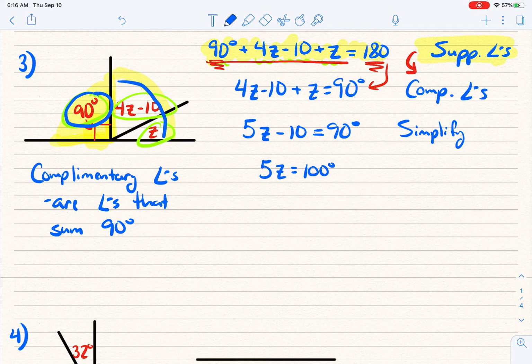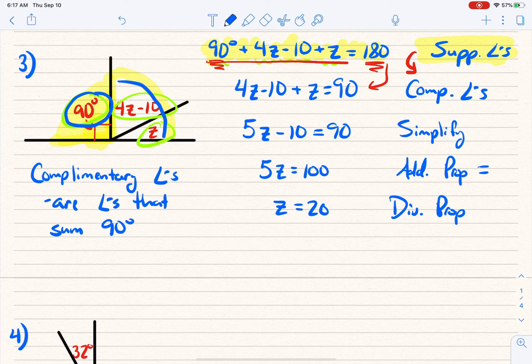And all I did was the addition property of equality. And then go ahead and divide by 5. And z has got to equal 20. Not necessarily 20 degrees, but 20. All right, it's 20. And so that would be the division property of equality.